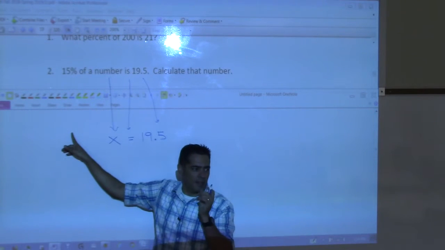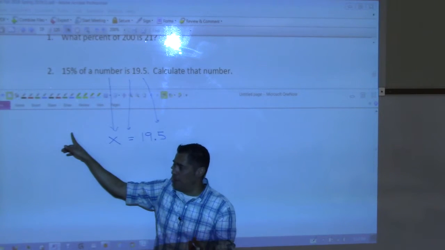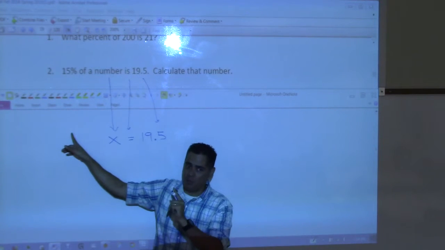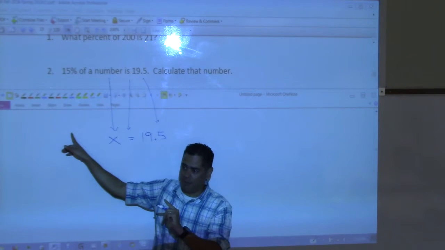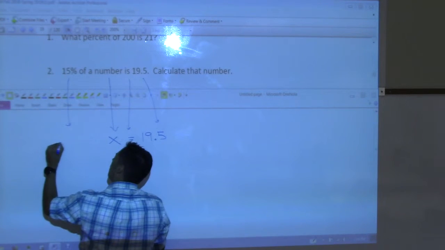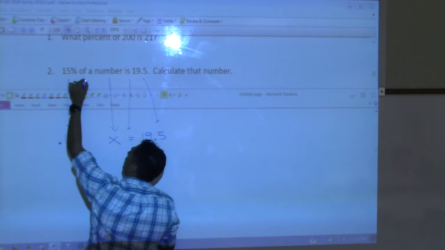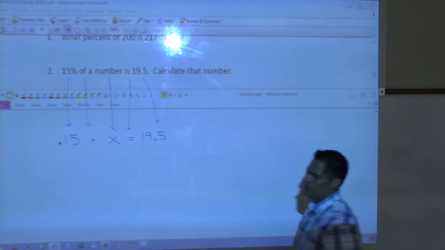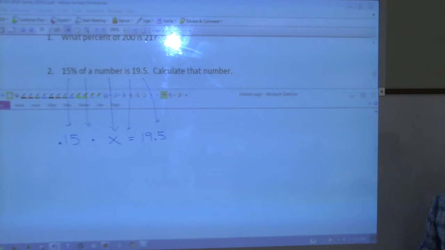But we want to take the percent and convert it back into a decimal. So from a percent to a decimal, what would that be? 0.15, right? So this is going to be 0.15. And then what is of? Of is going to be multiplication. All right? You all see that?